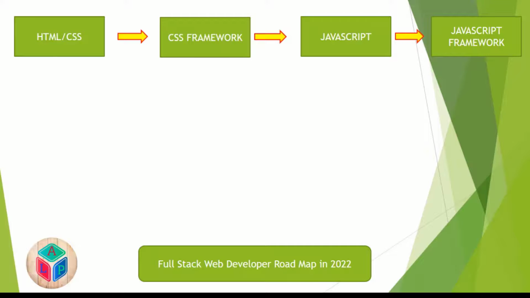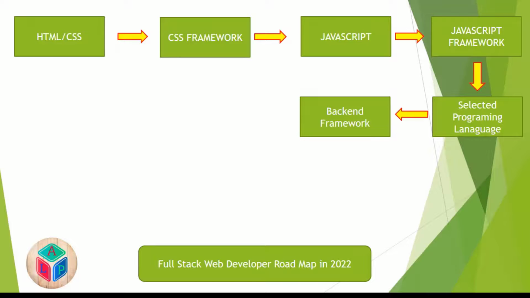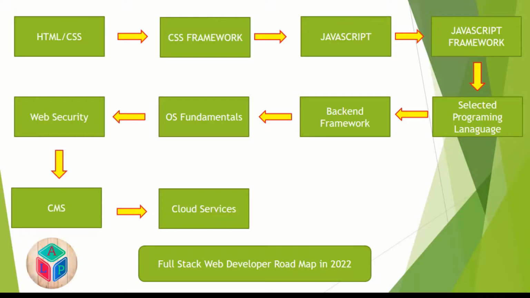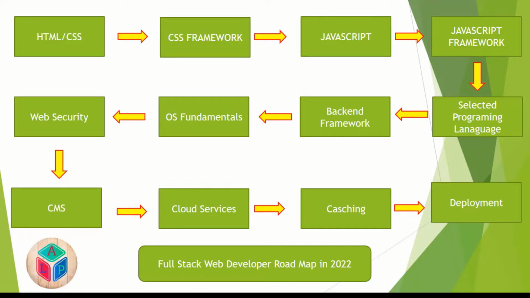Select a programming language for backend development. Backend framework, OS fundamentals, web security, CMS, cloud services, caching, and deployment. At the end, this is the full stack web development roadmap in 2022.